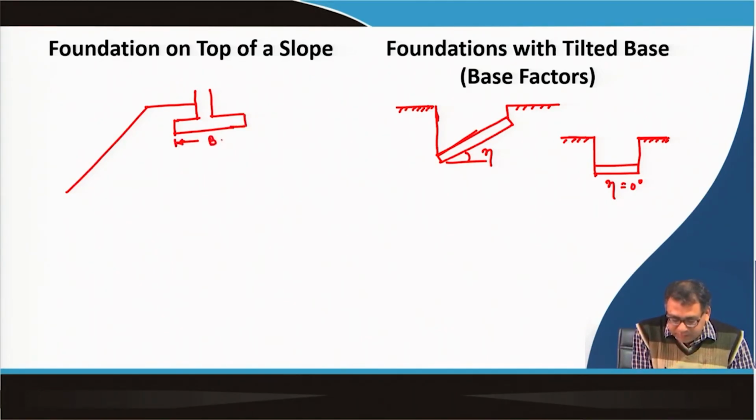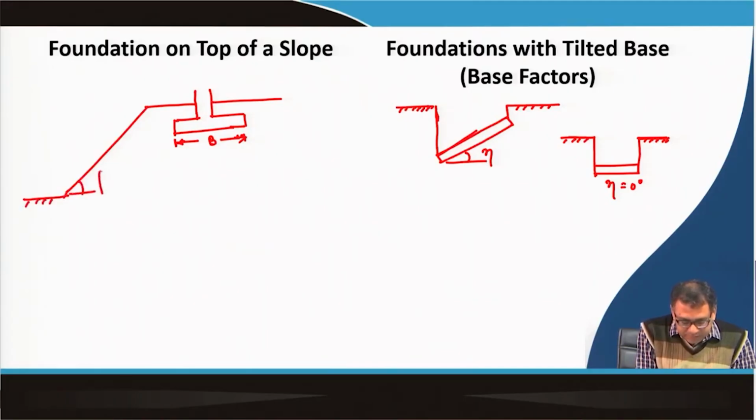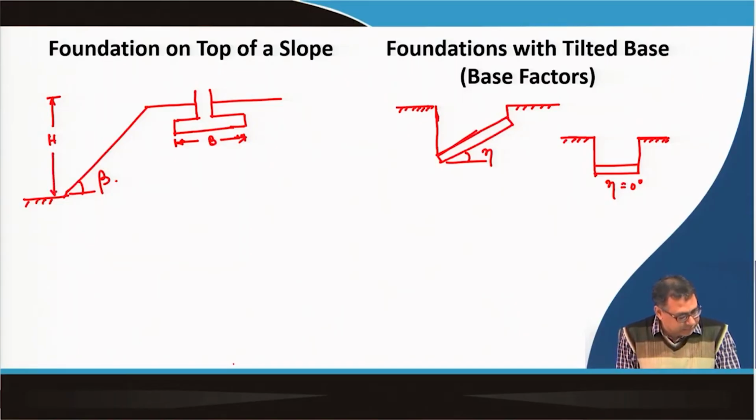So, this is your B. Okay. So, this is the slope with an angle of beta, and this is the height of the slope. Clear?